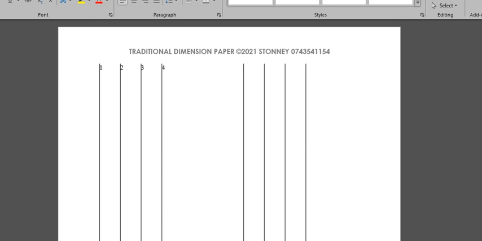So this is 1, 2, 3, 4, and then we also have another 1, another 2, another 3, and another 4. So what does each of them mean?